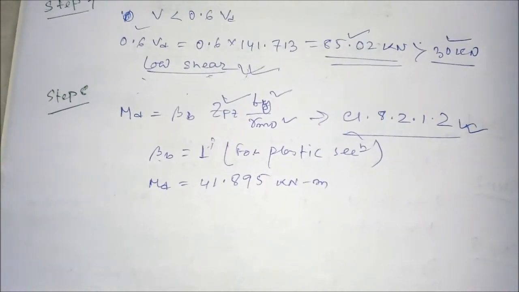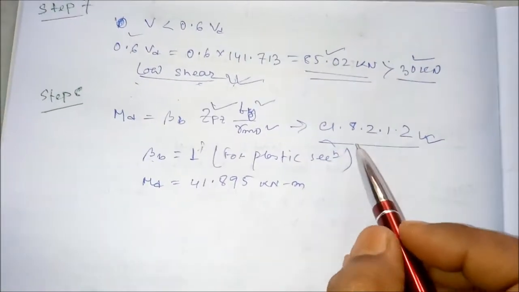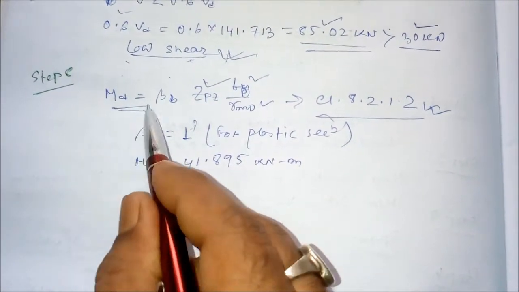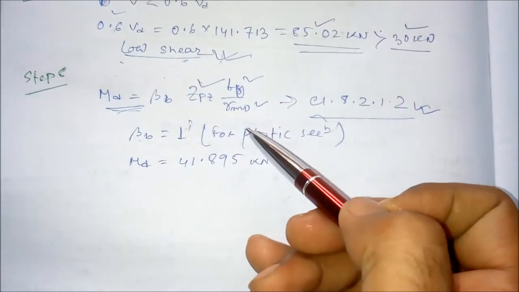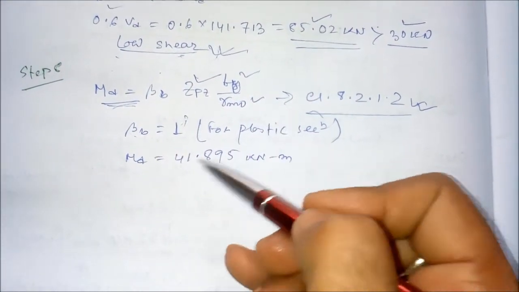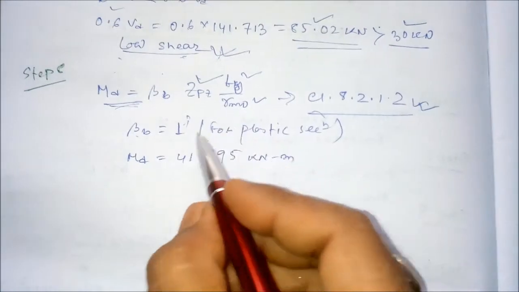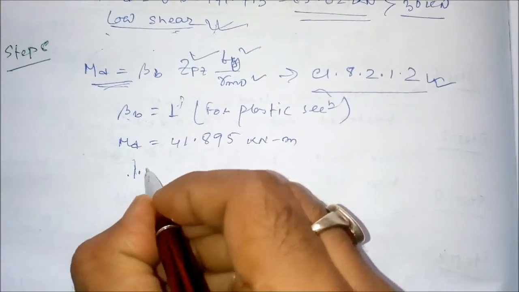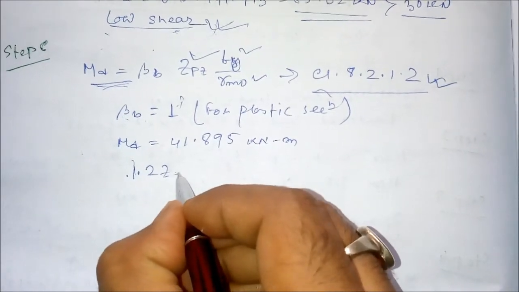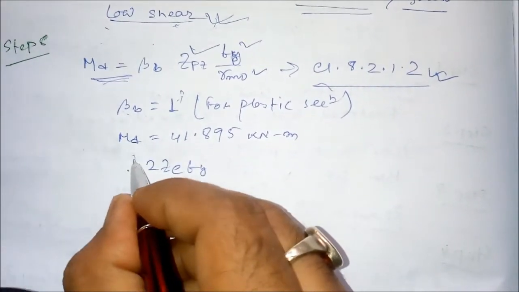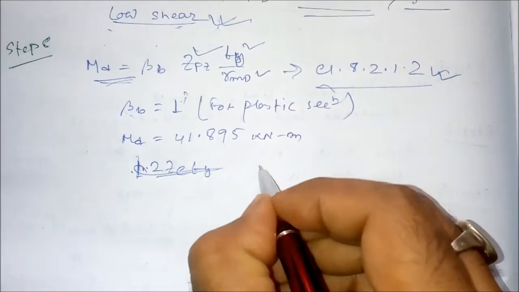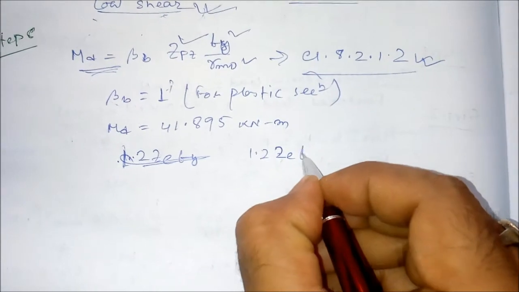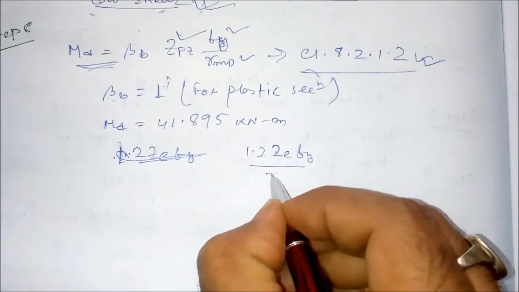There are some limitations in clause number 8.2.1.2. The Md value has a limitation for a simply supported beam and for a cantilever beam. Two different cases are there. For a simply supported beam you have to check whether this value is greater or lesser than 1.2 Ze Fy divided by gamma m0.